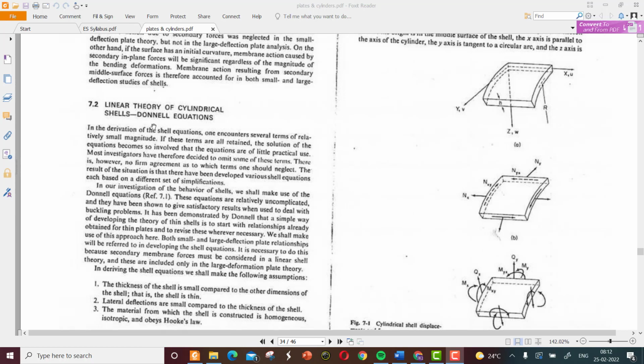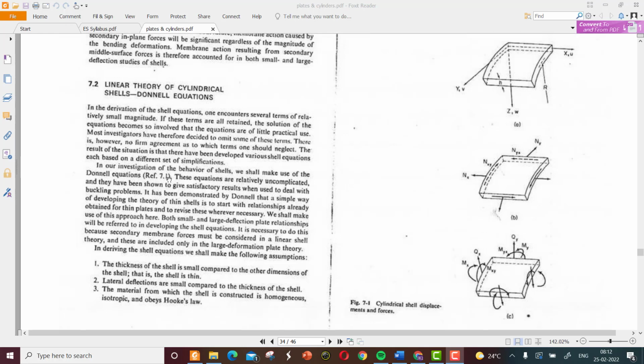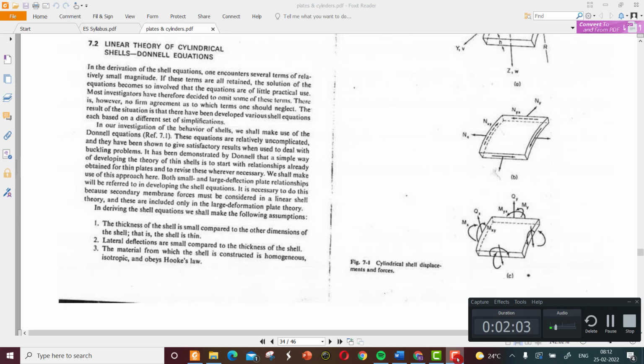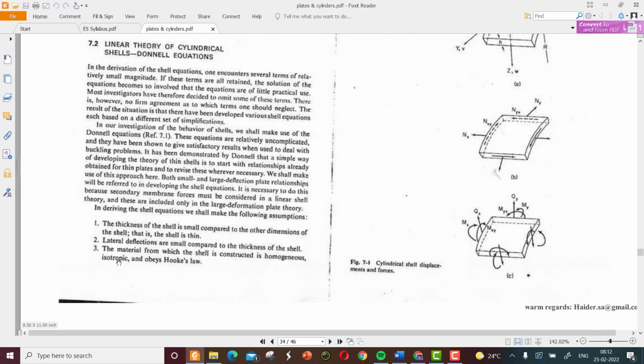Coming to the linear theory of cylindrical shells, there are some assumptions involved. The thickness of the shell is very small compared to the other dimensions of the shell, and therefore the cylindrical shell is thin. The large deflections are compared to the thickness of the shell.